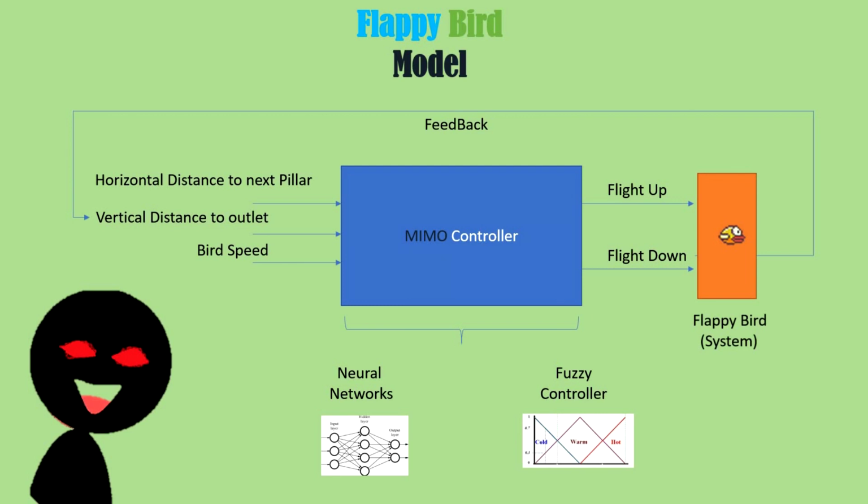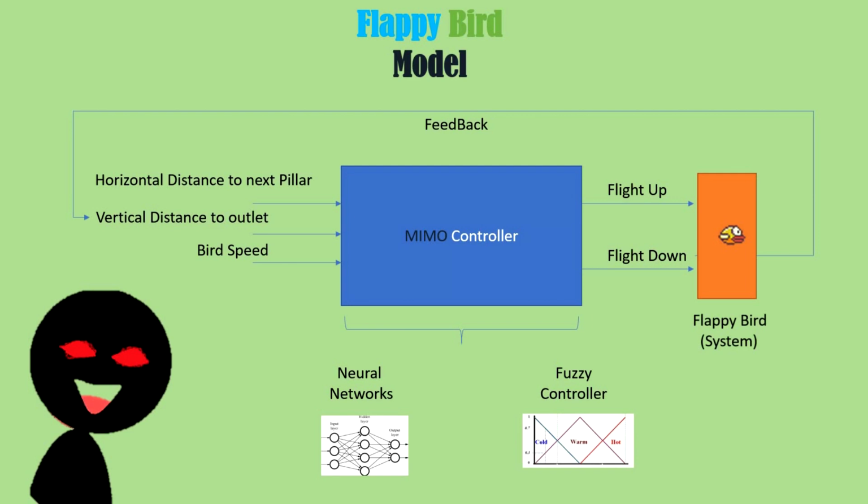So, of course, we are talking about a self-learning algorithm, so we will use the neural network as our algorithm, or our MIMO controller. And the self-learning model will not be just the neural network, because the neural network will just control the bird, and we will modify the neural network in order to make a good model, or a good player. So we need something that will adapt our neural network.